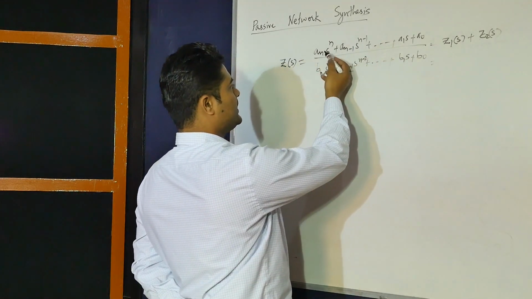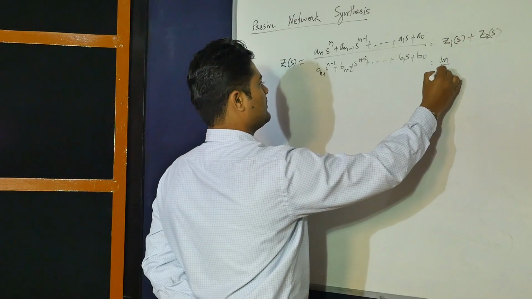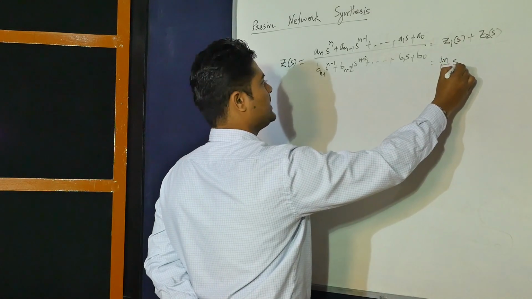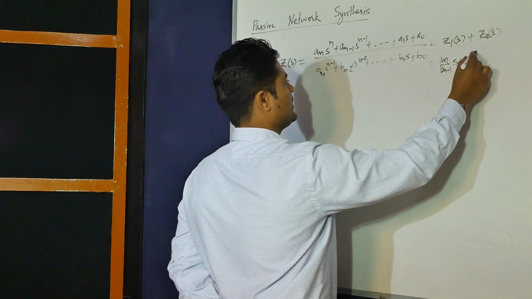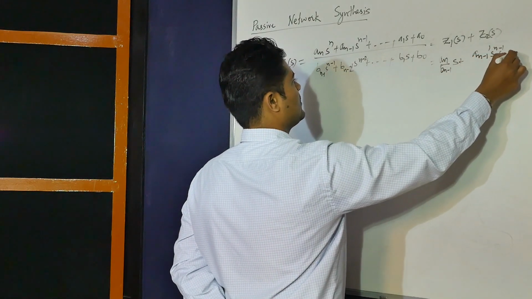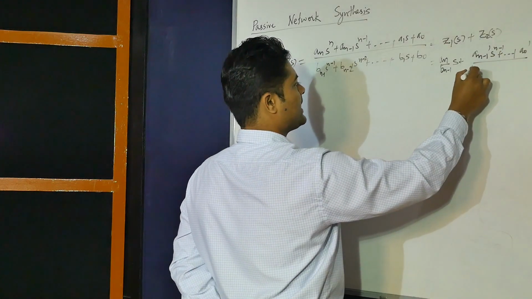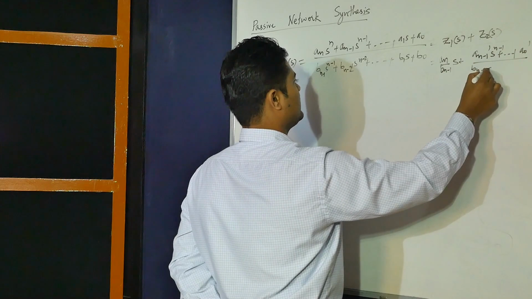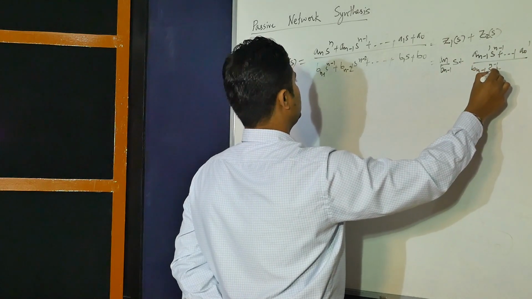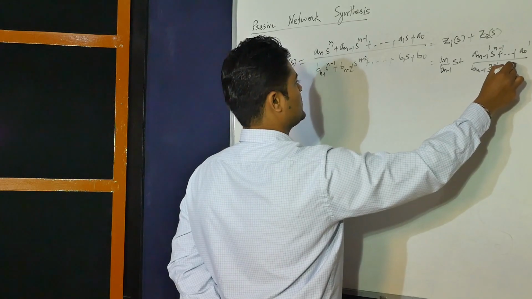Z1 will be this divided by this, which leads to an by bn minus 1 times s, plus the rest: an minus 1 dash s to the power n minus 1 plus so on till a naught dash, divided by the denominator, which remains as it is: bn minus 1 s to the power n minus 1 plus bn minus 2 s to the power n minus 2, and so on.